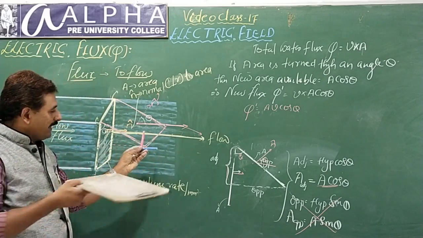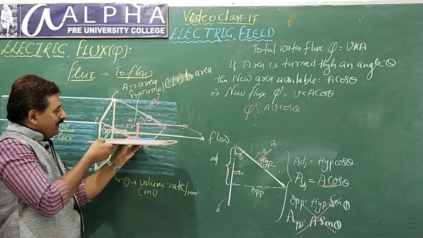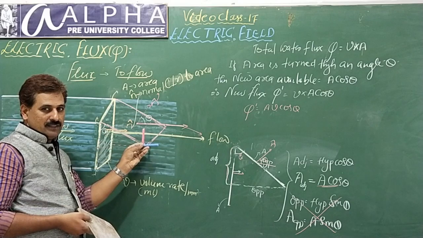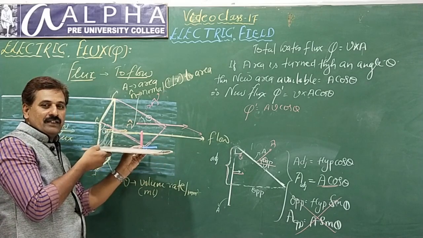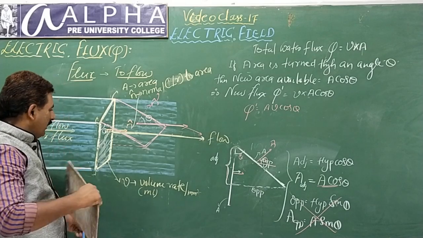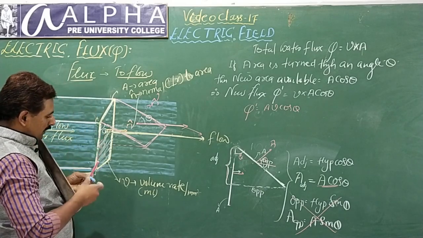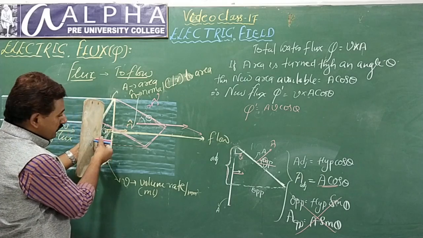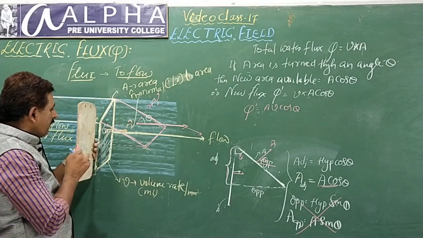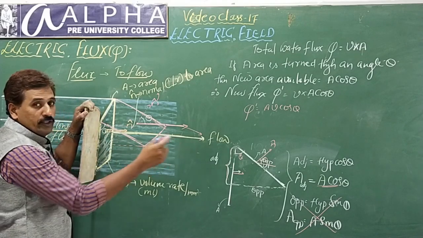If I hold the area like this, with the pink chalk piece perpendicular to the area, the angle is 90. When I hold it like this, the normal and the direction of flow are both the same, the angle is 0. Here the flux is maximum, entire water is flowing through.